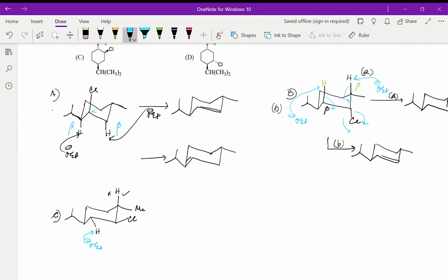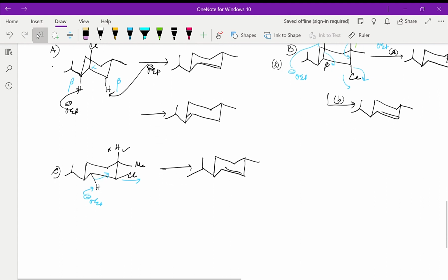So there is a possibility of only one product over here, and in all likelihood it is going to have this structure.